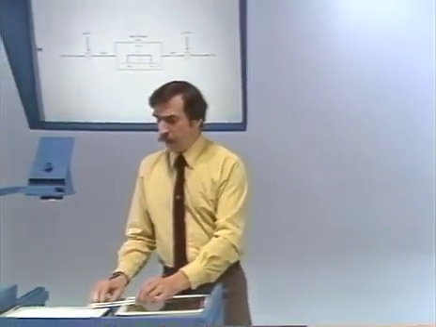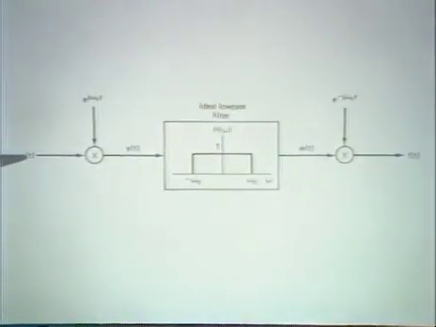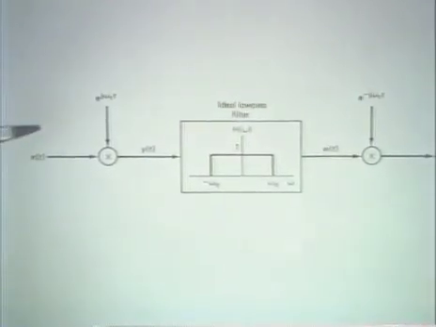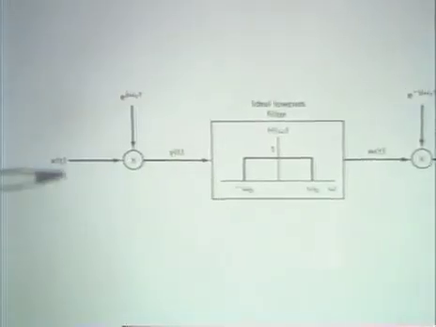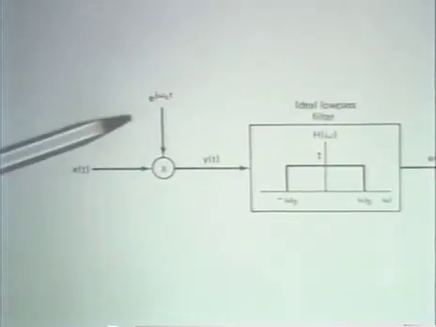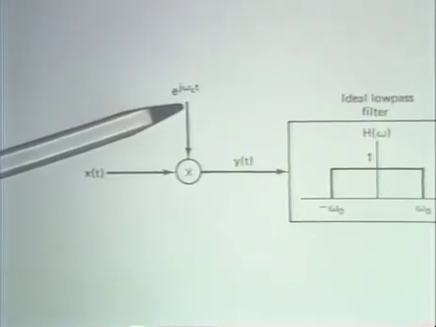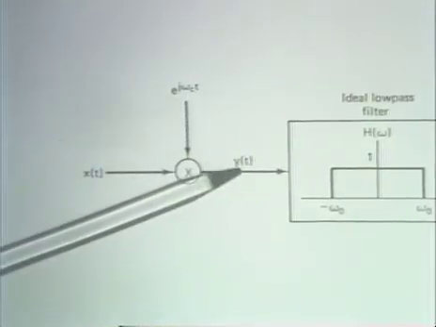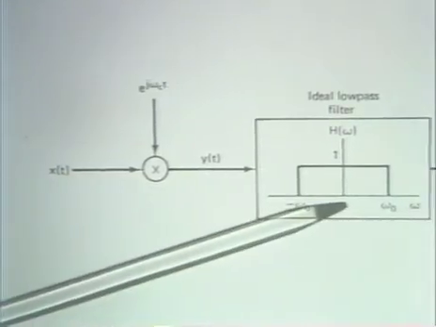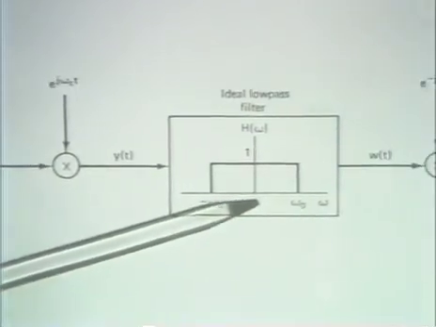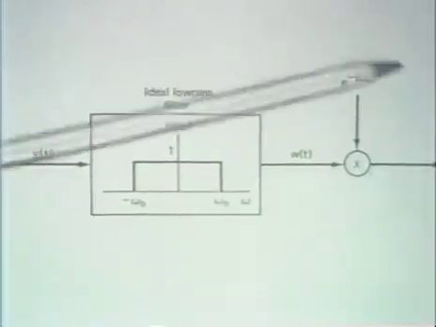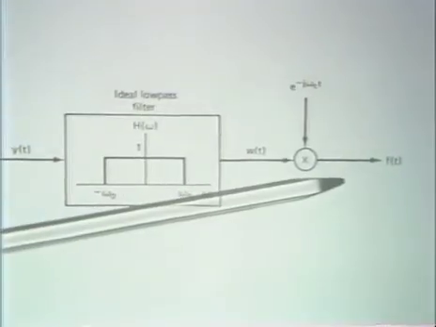Let me be a little more specific. Suppose that we have a signal, x of t, and we modulate it with a complex exponential carrier with a carrier frequency omega c. And the output of that is then processed with a low-pass filter, and then we demodulate the result.